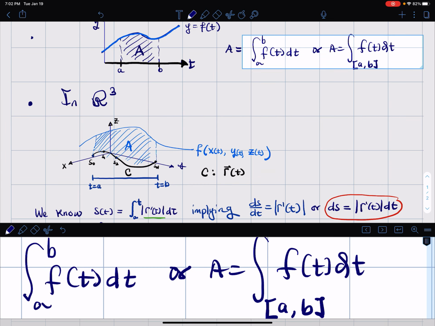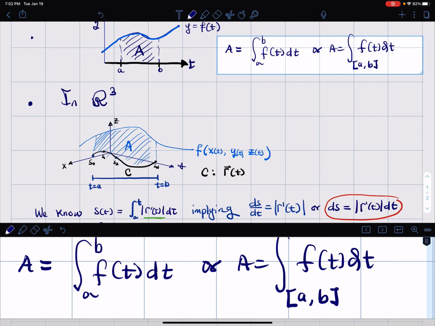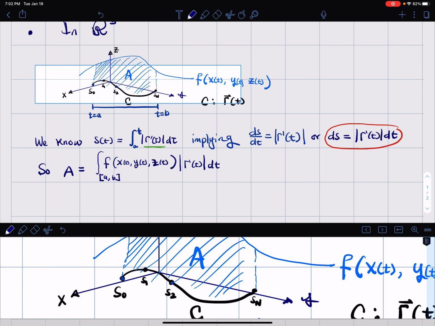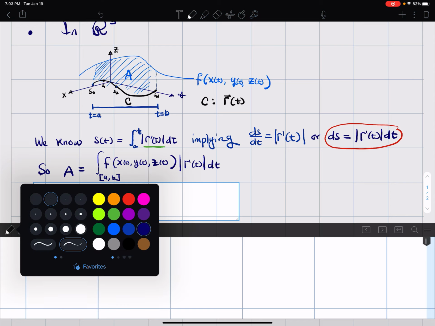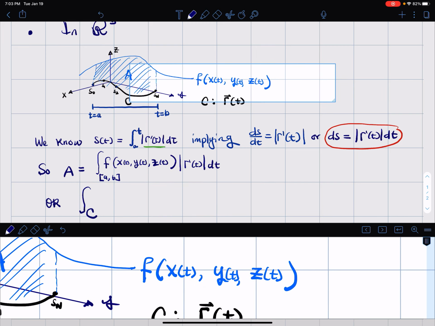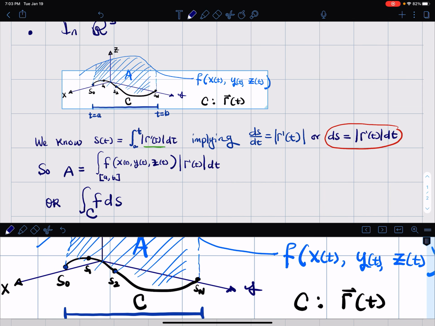In other words, let's try to create an analogy for this notation. One way of looking at the area along the curve is to write it this way: we're looking at the area along the curve C of our function f, ds, and s is the position along the curve, s0, s1, s2, up to sn.